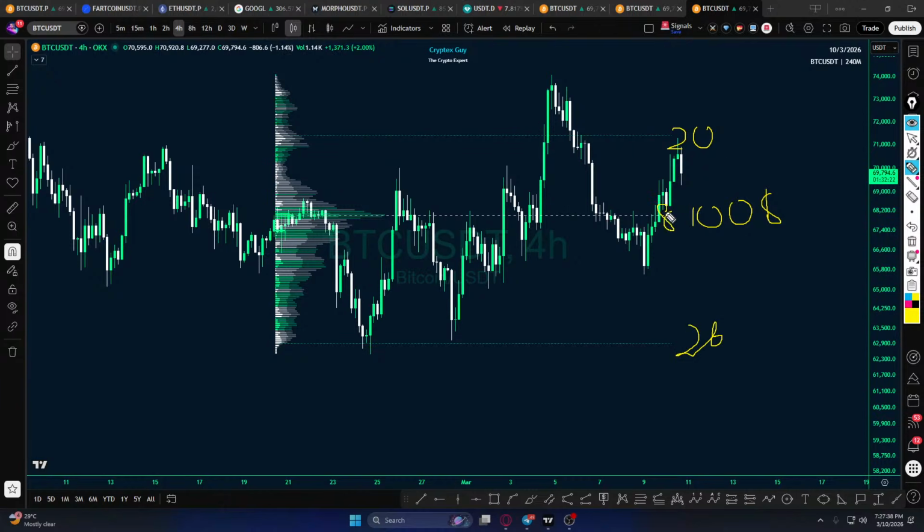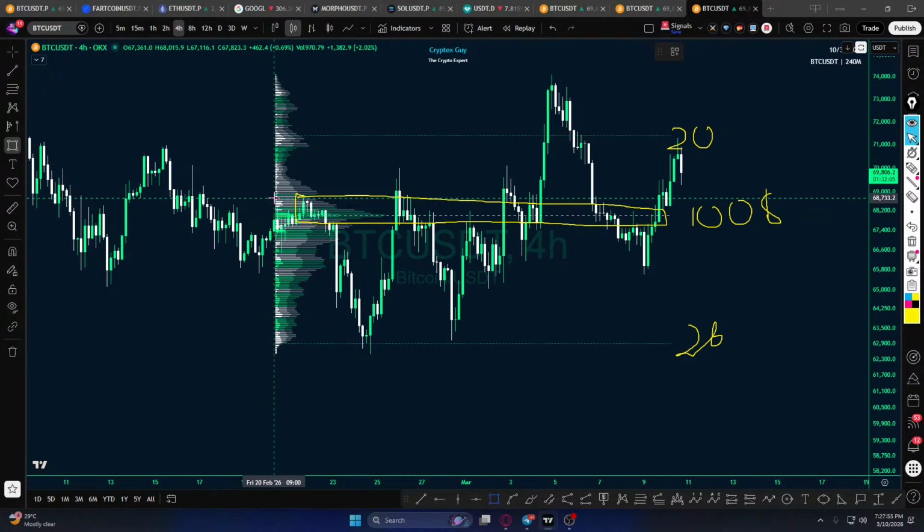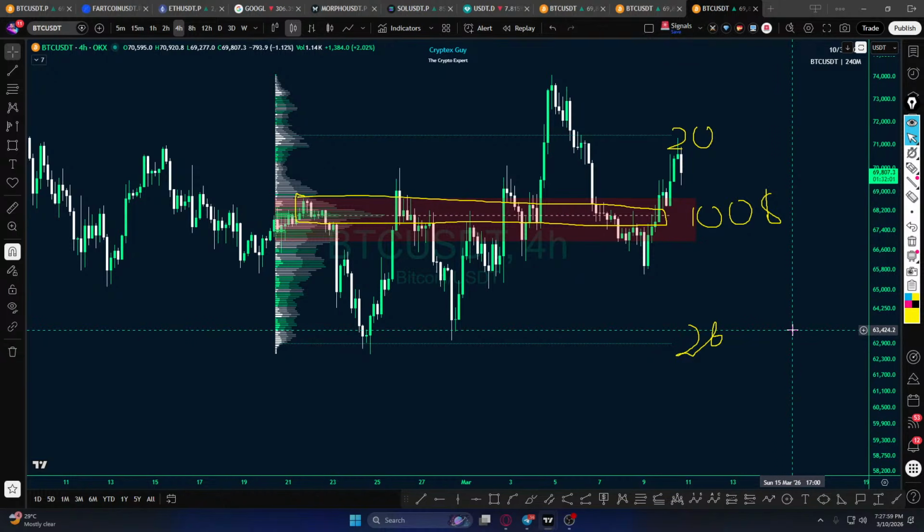Then the rest, not 80, $60 are traded here. That's how you count POC. Most of the volume in the range is traded in this box. If I make the box, it will be something like this. This is what POC looks like.